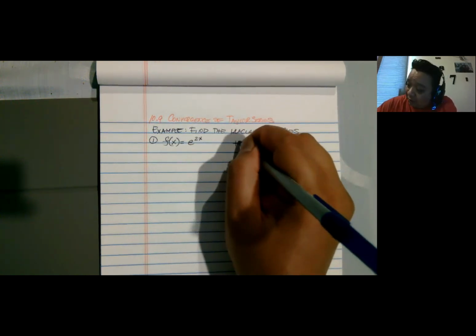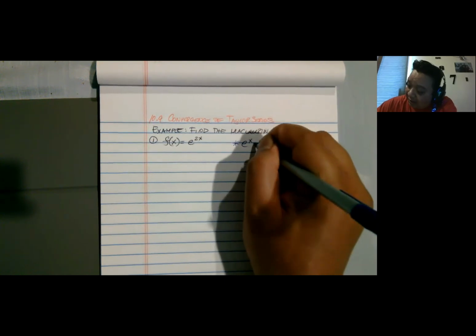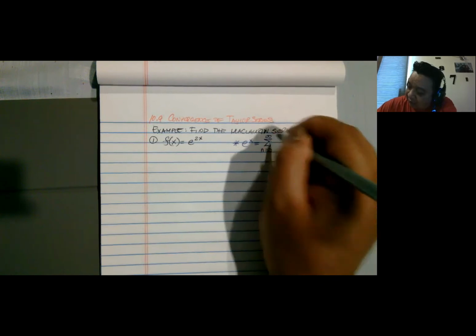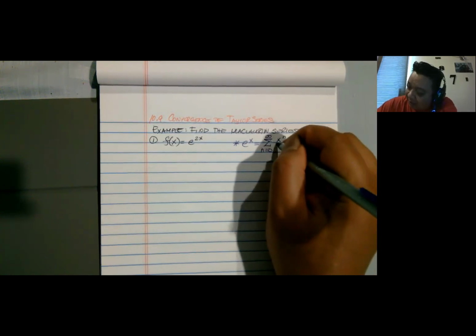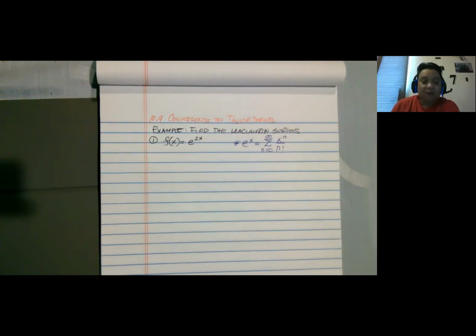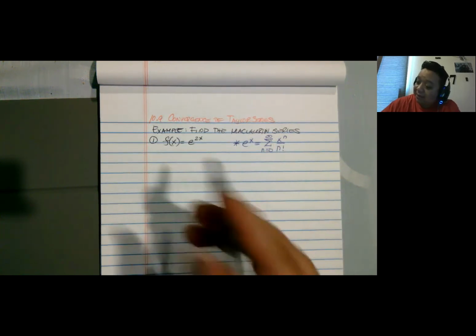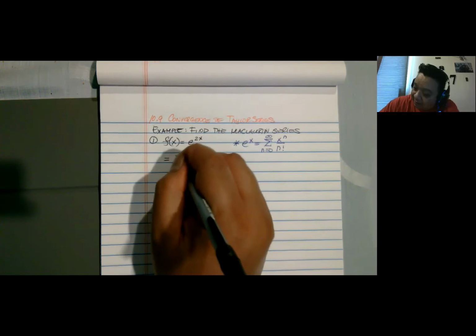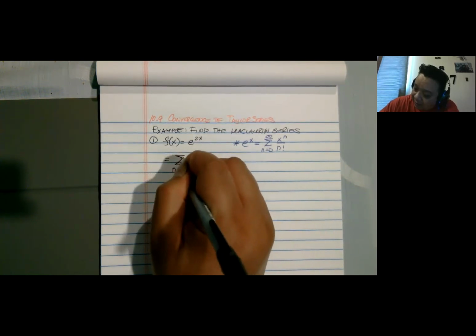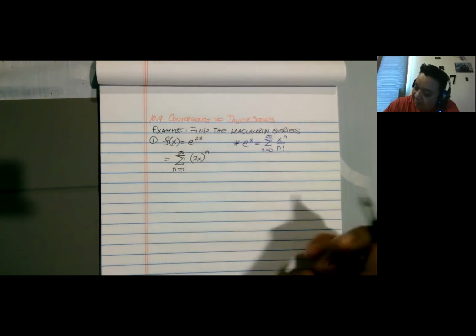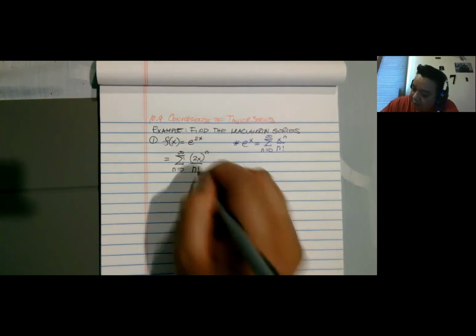So recall that e to the x is simply the sum from n equals 0 to infinity of x to the n power over n factorial. Well, all I did here is that the x gets replaced with 2x. So then that means this is simply the power series, n equals 0 to infinity, of 2x to the n power over n factorial.